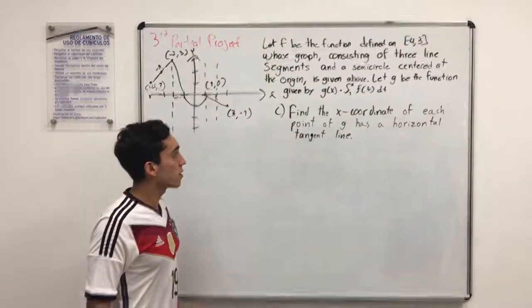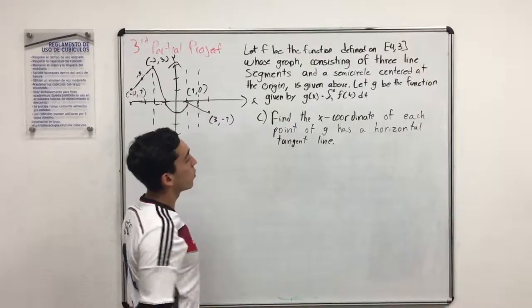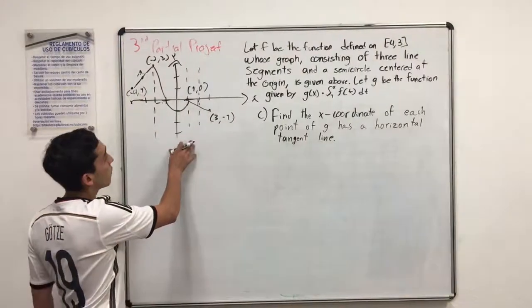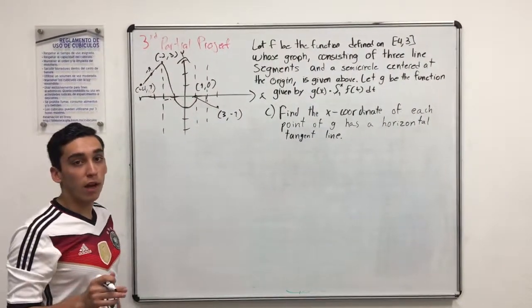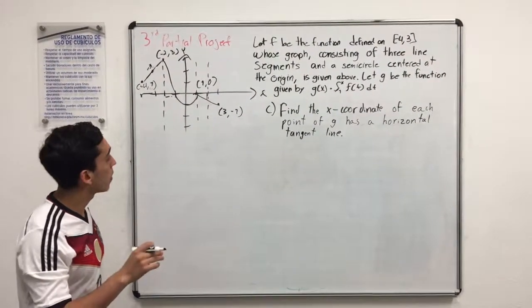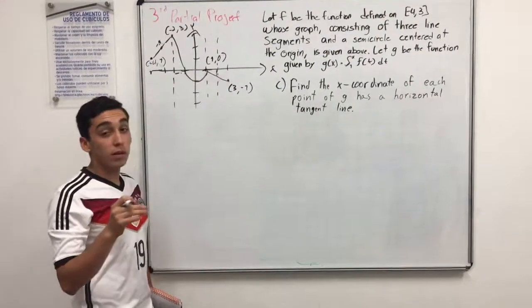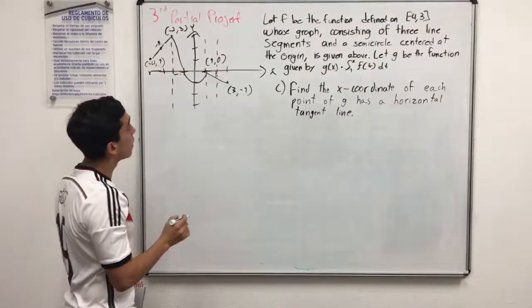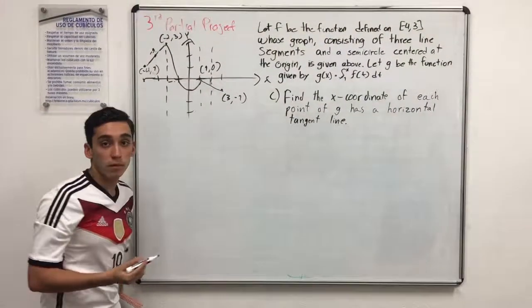Point C states, find the x-coordinate of each point of g that has a horizontal tangent line. Since this is the graph of f, we know that g will have a horizontal tangent line every time y equals 0 on f. This means at x equal -1 and x equal 1.